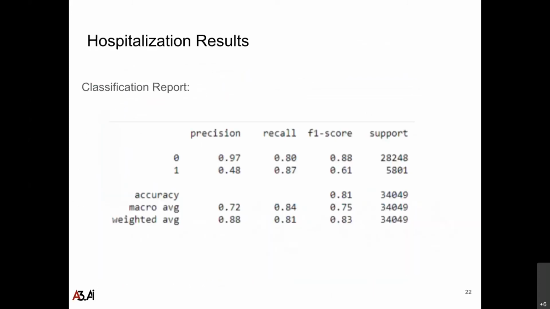So we built a machine learning model using the aforementioned data and the labels. For this first round, we are using a baseline model of random forest, about 200 trees. The hospitalization results yield a precision and recall of about 48% and 87% respectively.